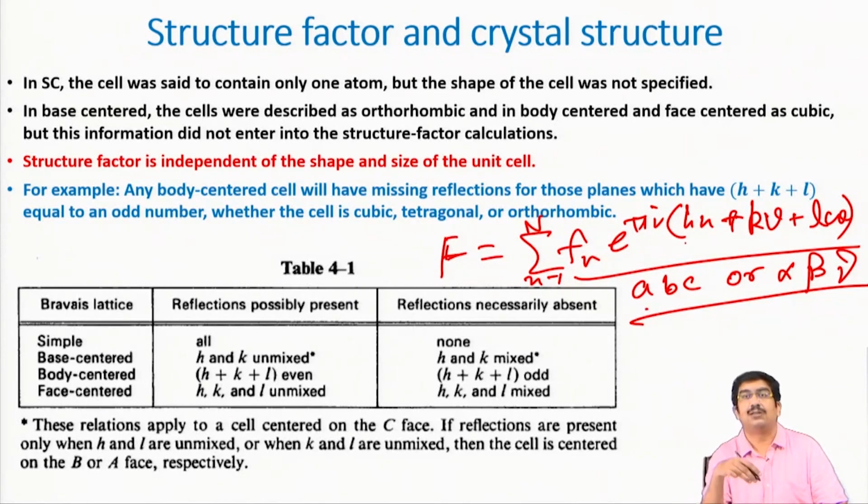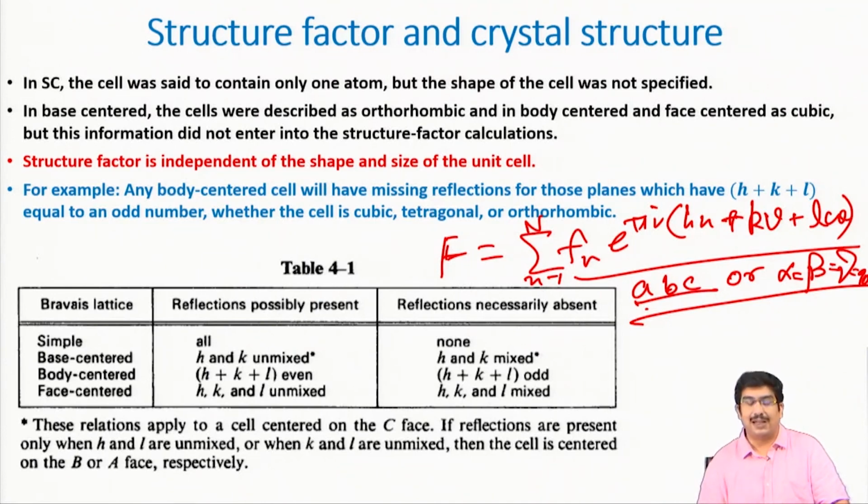So, that means the base centering can be anything as long as it is orthogonal. Of course, if the orthogonality changes, then the structure factor expression will definitely change. But as long as alpha, beta, gamma equal 90, it does not depend on a, b, c, whether they are equal or not equal.